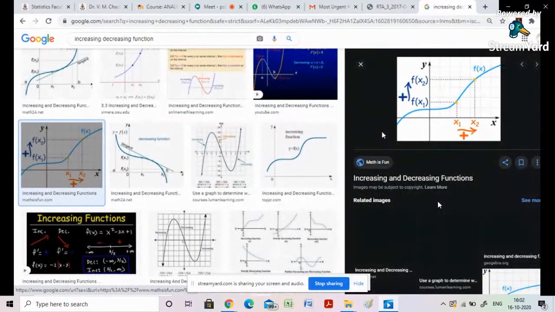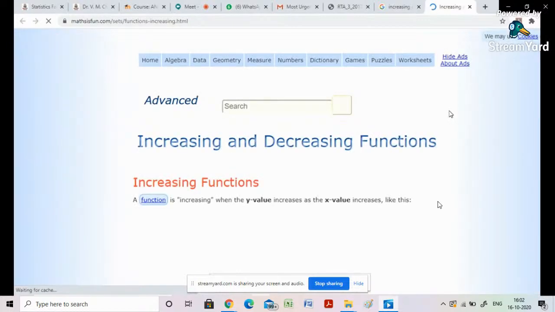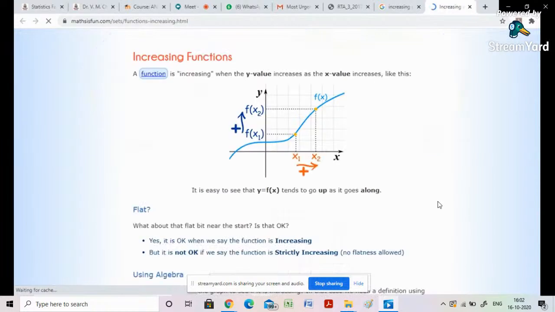Here you can see a figure where f of x is increasing.